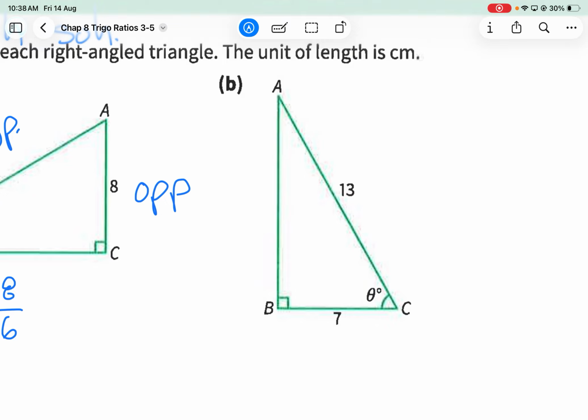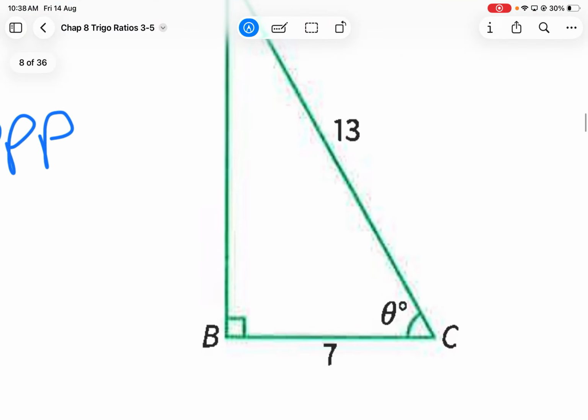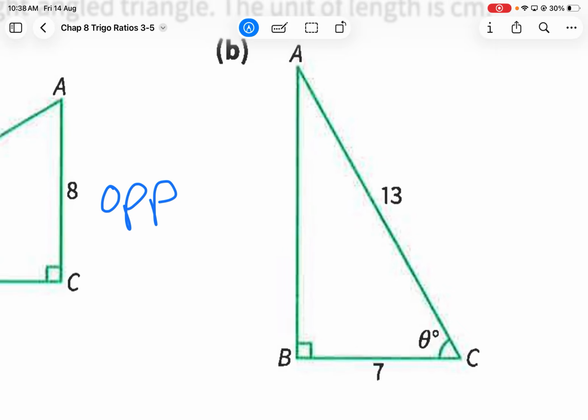A is adjacent. The three sides in the right angle triangle are opposite, adjacent, and hypotenuse. Adjacent means it is side by side with the angle, the side that is touching your angle. For example, 7. Angle is here, this side is touching my angle.